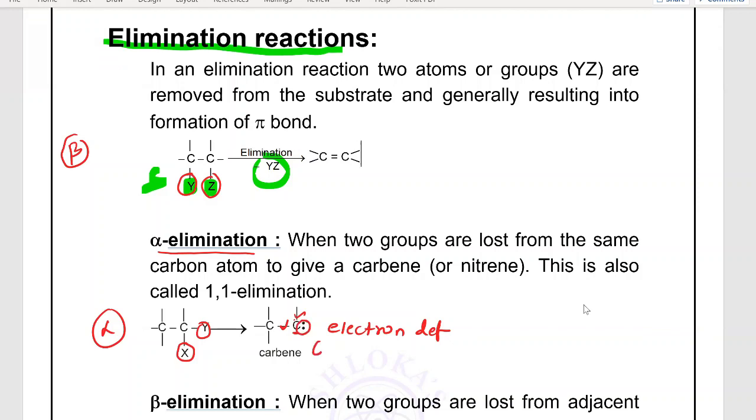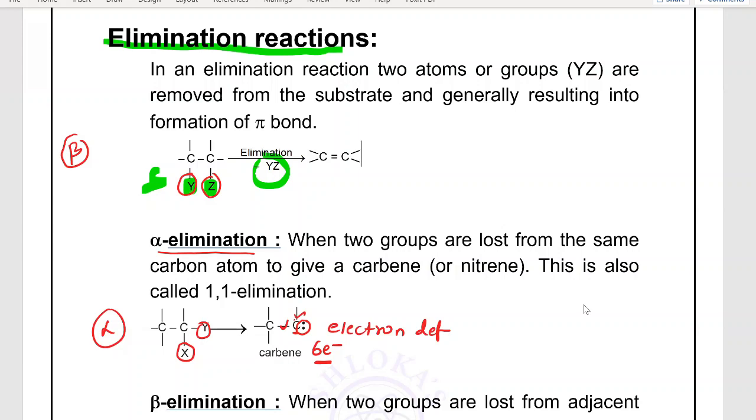So we have a total of 6 electrons around this carbon. But according to the octet rule, a carbon should have 8 electrons to finish its octet. This carbon is still short of 2 electrons, so I can call that carbon electron deficient.